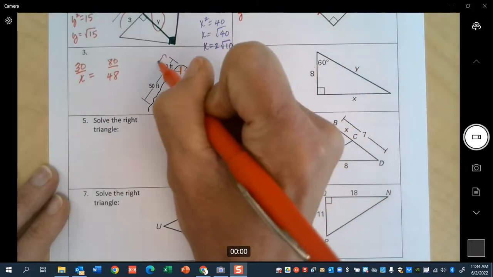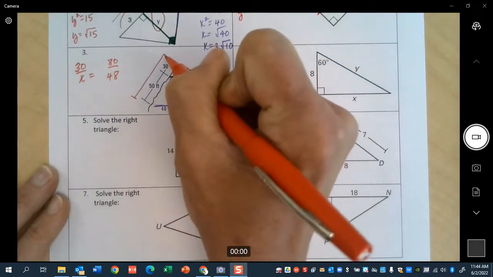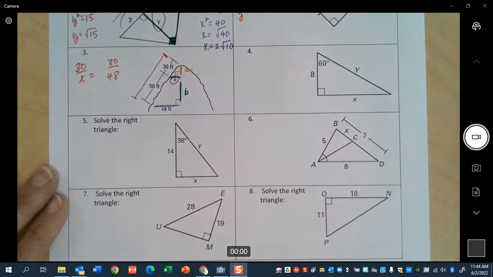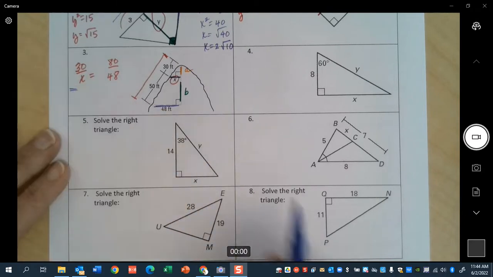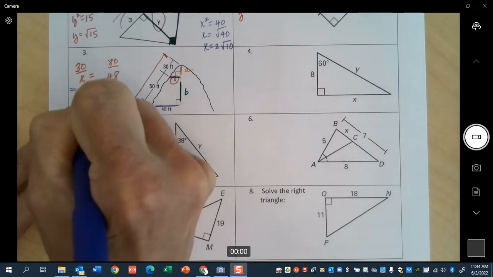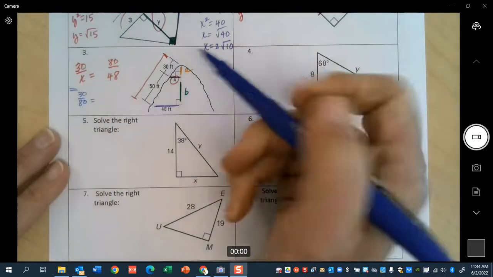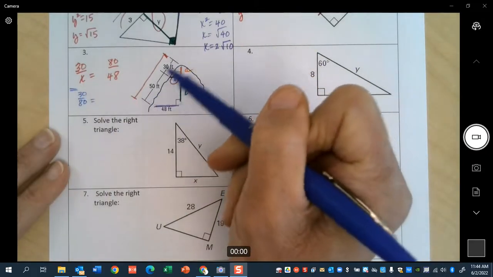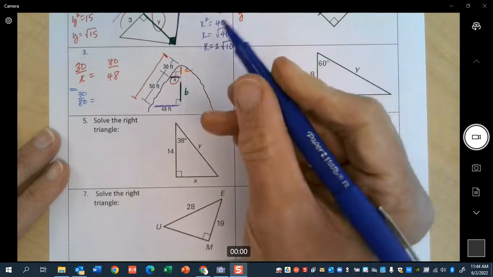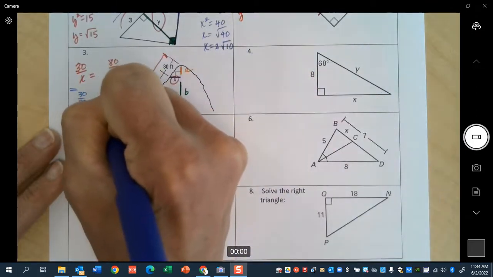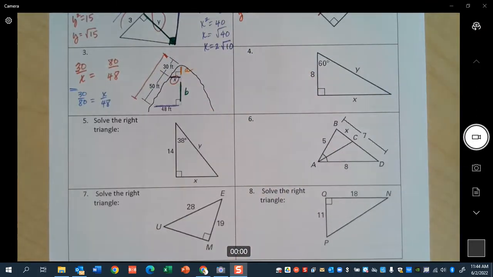This side length here is 80 when I add together 50 and 30. Now, some people don't see the proportion that way. That's fine. If you would rather set up the proportion that says 30 is to 80, this corresponding side is to this whole side, as x is to 48, that is also a true proportion.